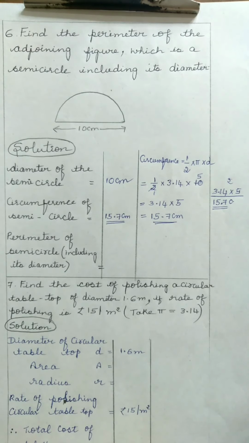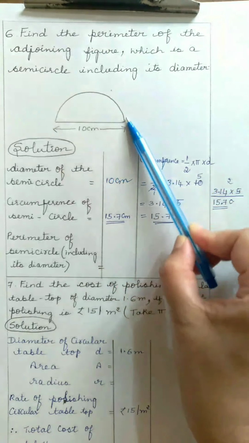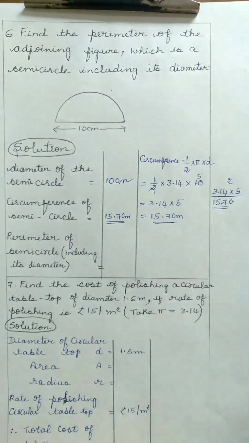Now, in order to find out the perimeter of the semicircle, that is the distance around the closed figure, that is called the perimeter. Therefore, to find out the perimeter of the semicircle, we have to include its diameter as well as the circumference.